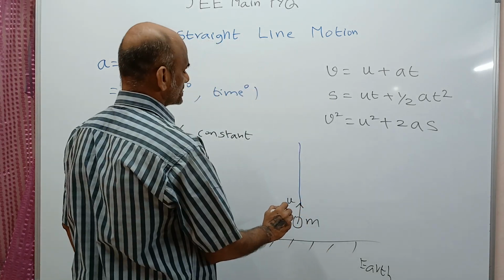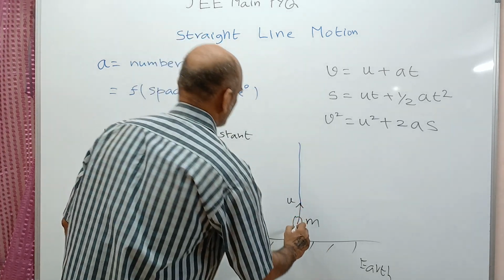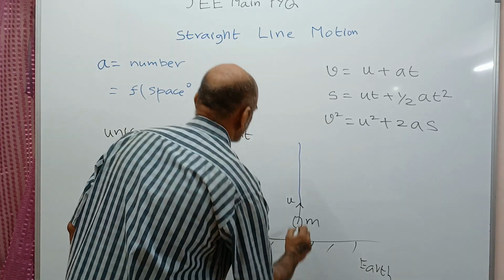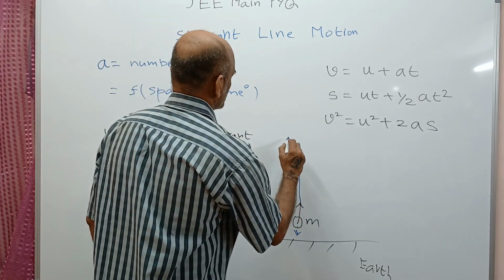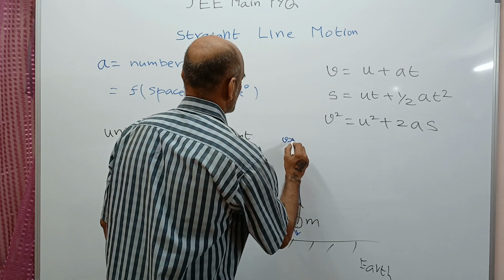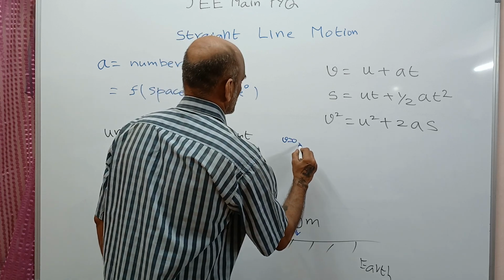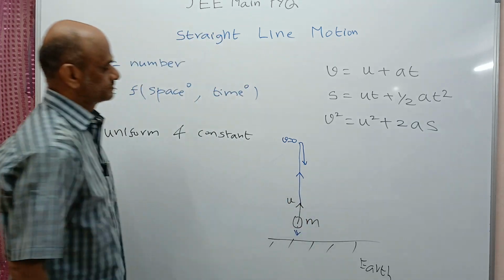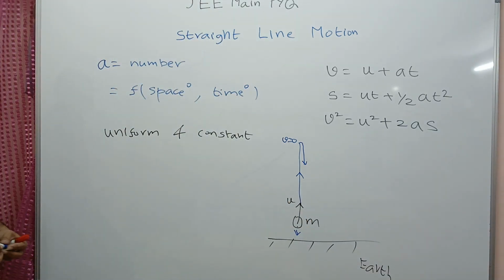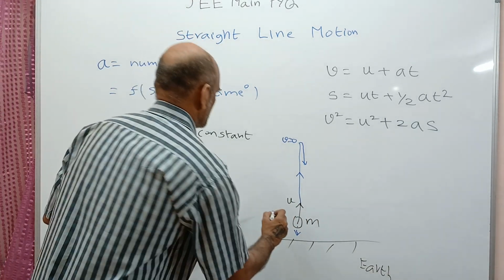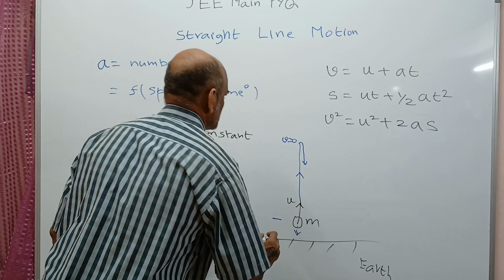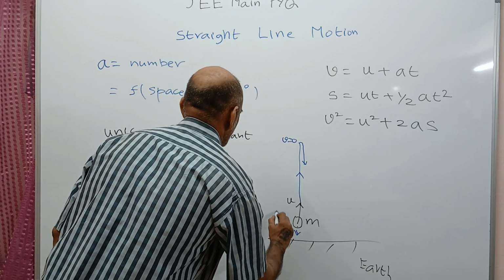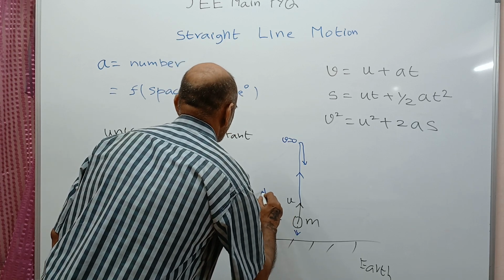The velocity will keep on decreasing because the Earth will apply a gravity force in this direction, which is opposing the motion. So at the topmost point, the velocity will become 0, and here it will turn back and come down. Okay, so for this motion, this is the origin of the displacement axis, and this is my positive direction.